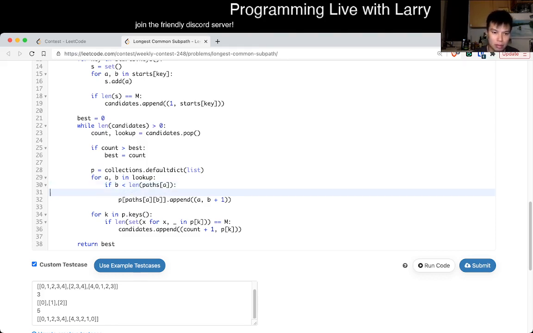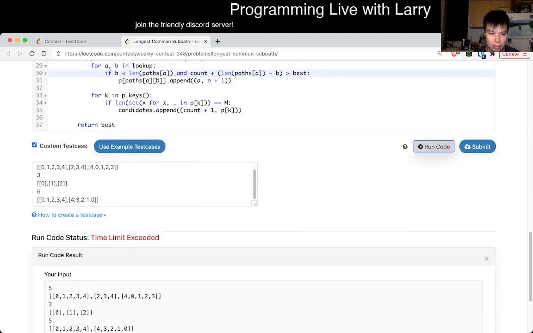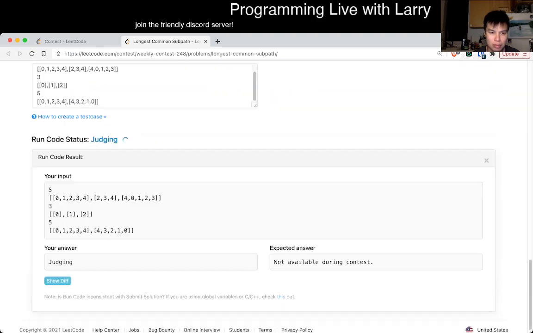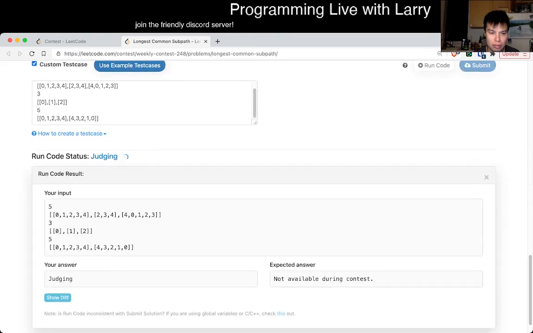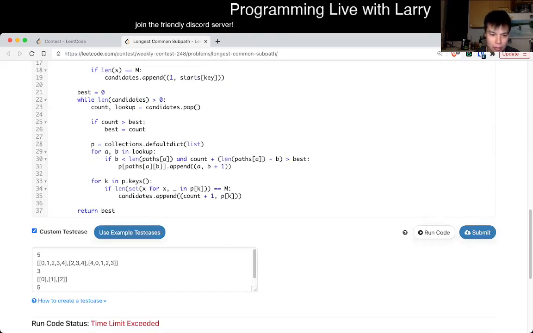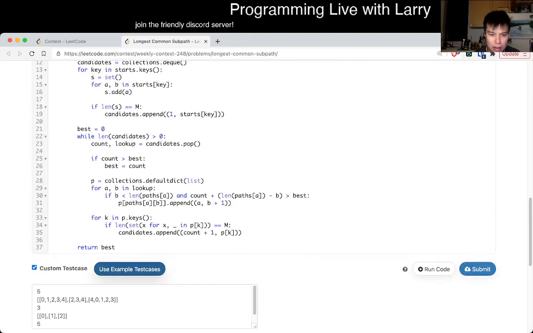Well, does this give me the right answer first of all? It does. Why does this not make it faster then?